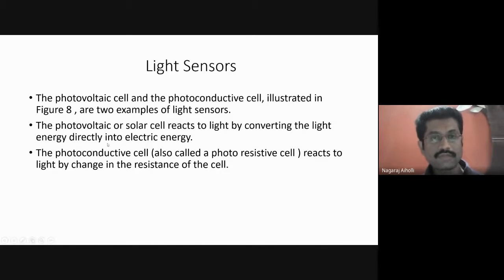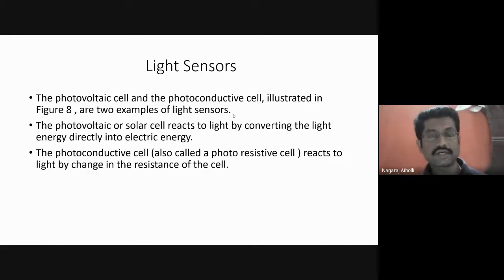There are two types of light sensors. One is called the photovoltaic cell and the other is the photoconductive cell. The photovoltaic cell converts the input light energy into voltage, or converts light energy into an electrical signal.